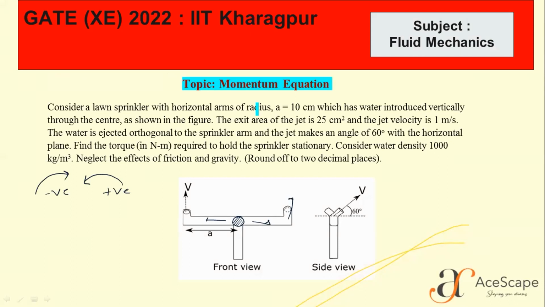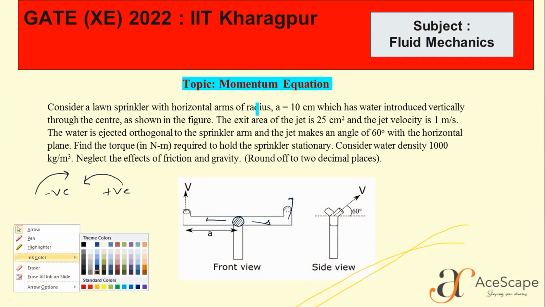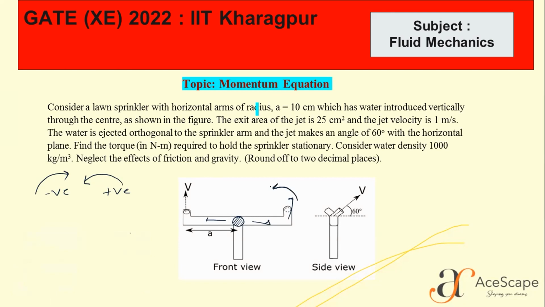Now let's talk about the sign. Look at the face, it is like this. The water that is coming out from here, it will try to rotate the sprinkler in which direction? Anyone? In this direction, so I have taken it as positive.